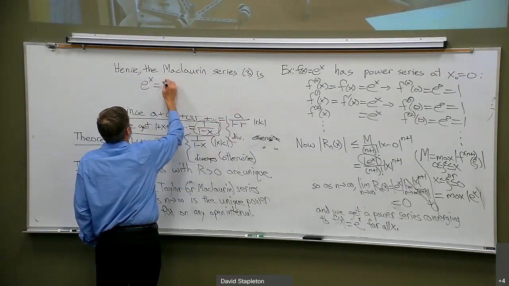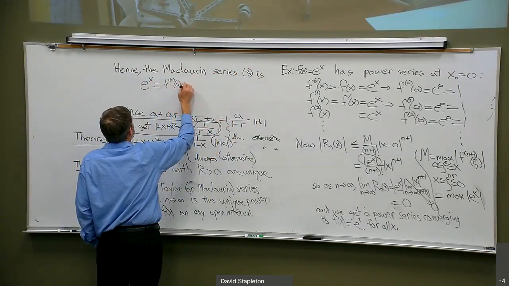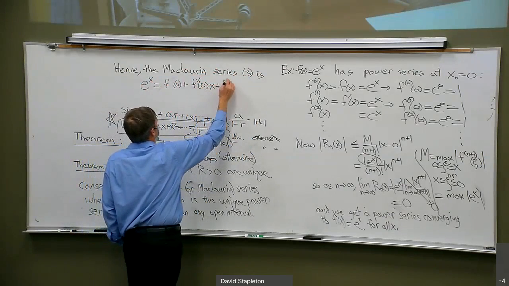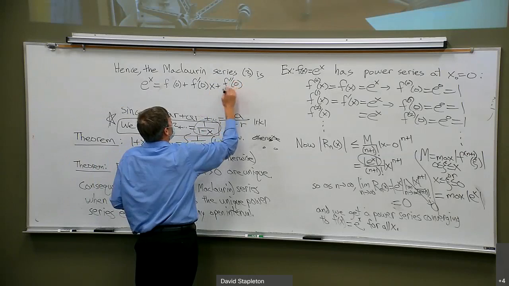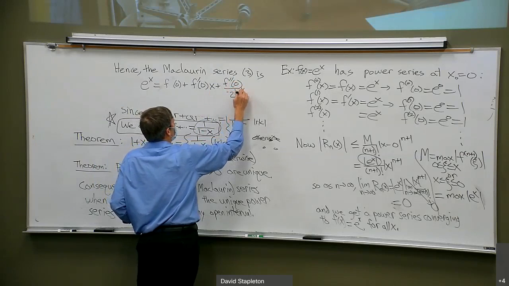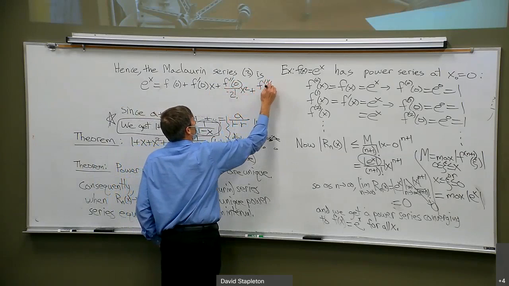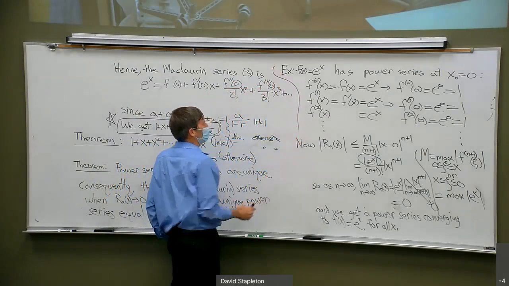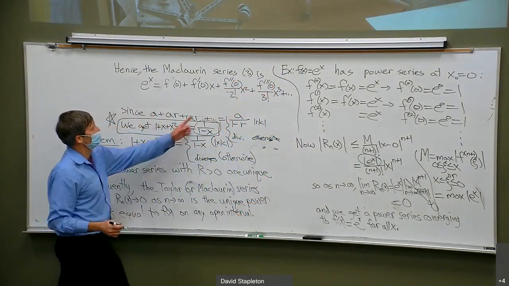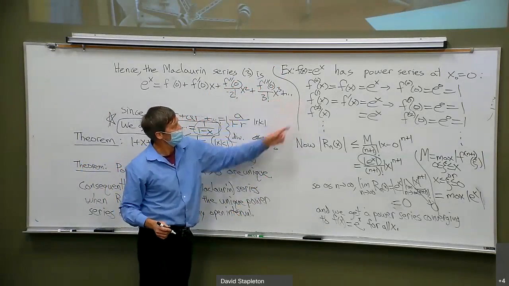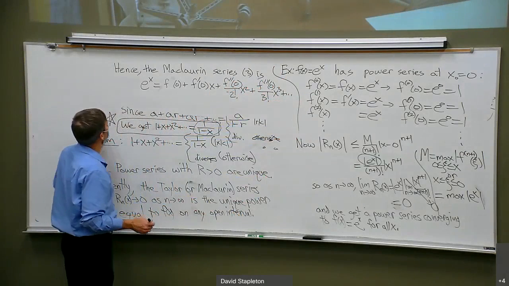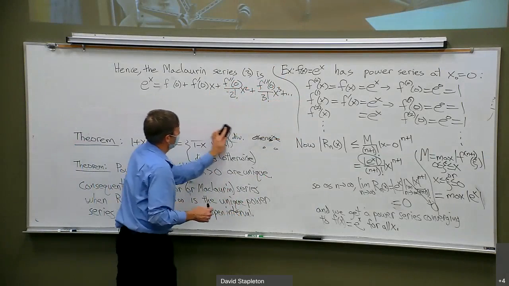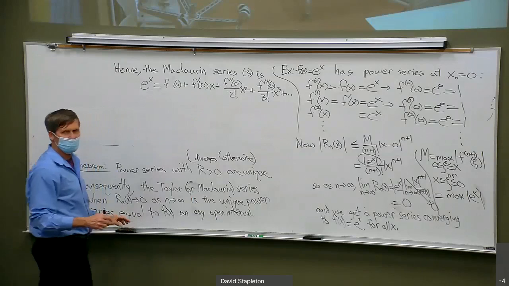It was f of 0 plus f prime of 0 times x plus f double prime of 0 over 2 factorial x squared plus f triple prime at 0 over 3 factorial x cubed plus on forever. It looks exactly like the Maclaurin polynomial from last time, but it goes on forever. You don't stop at the nth one. That series just goes on forever doing the same thing. So that's the Maclaurin series, and it's actually equals. So I'll write equals here, and we say that e to the x is represented by this Maclaurin series.